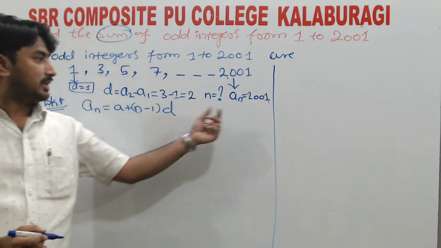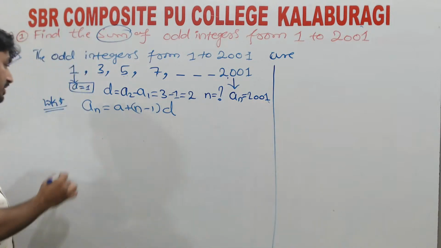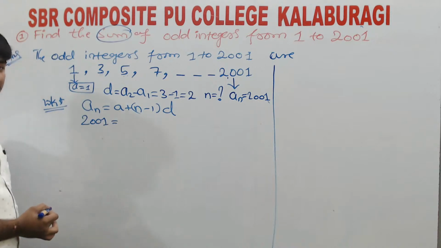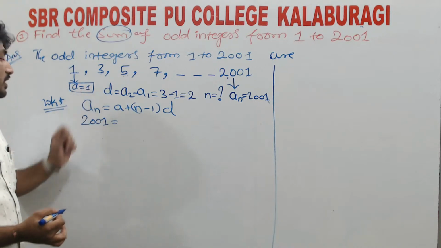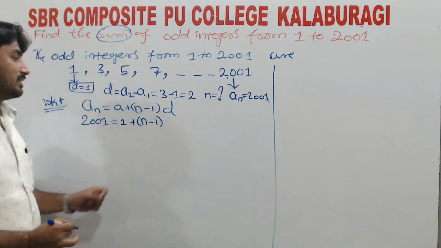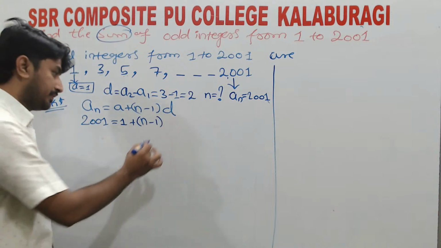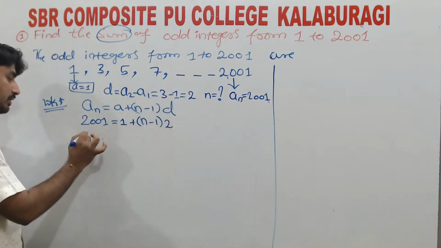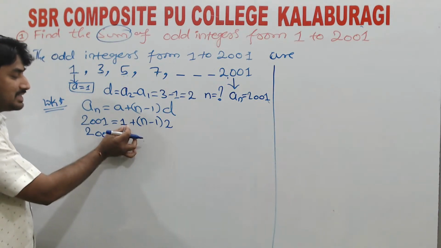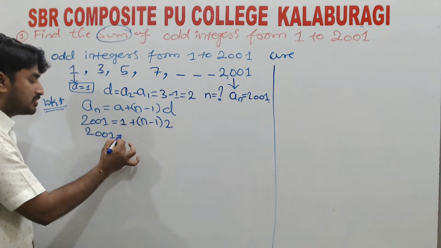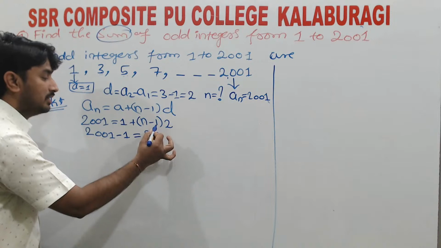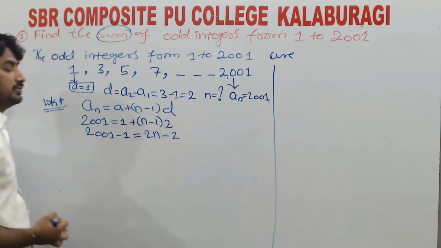Here the nth term is 2001, the first term a is 1, we don't know n, and the common difference is 2. So 2001 equals 1 plus n minus 1 into 2. Taking 1 to the LHS, it becomes minus 1, equal to 2n minus 2.